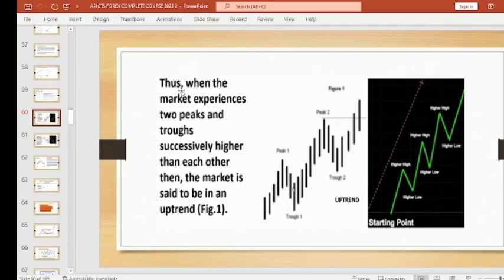I usually represent a peak with a capital P and a trough with a capital T. So two peaks means P1 and P2, and two troughs, T1 and T2. When they are successively higher than each other, then a bullish trend has just started.